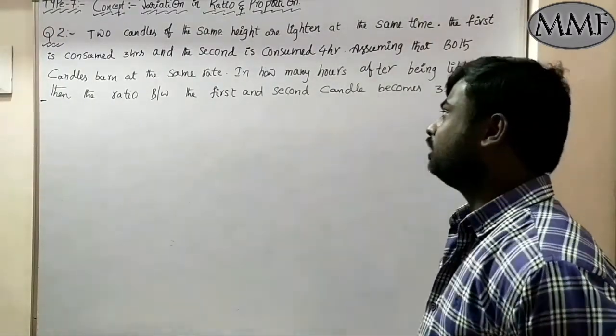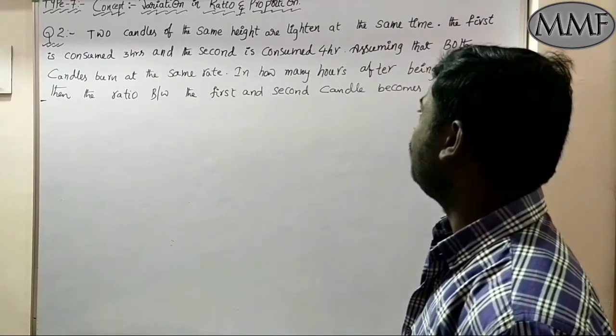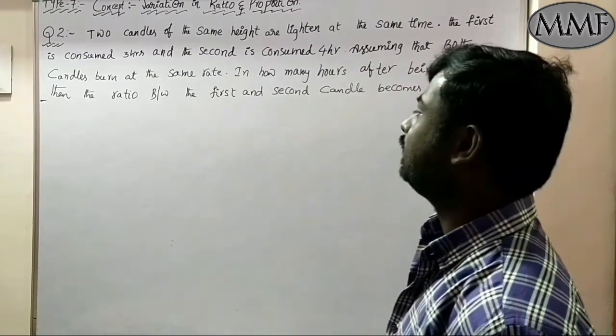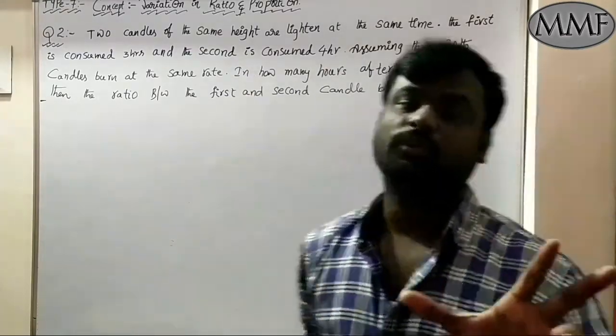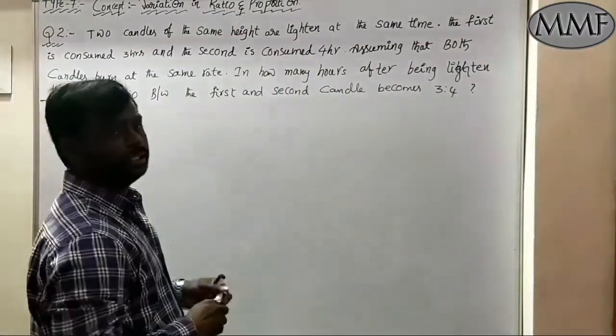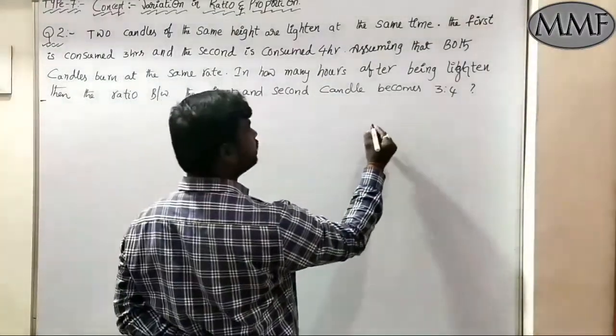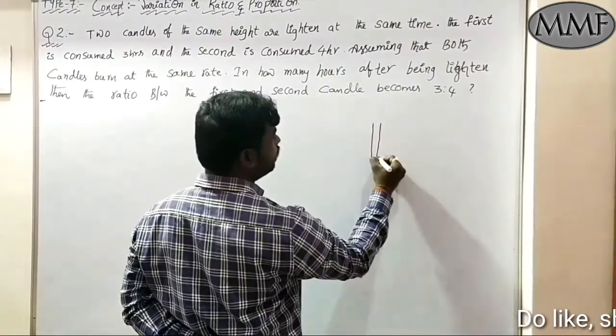Assuming that both the candles burn at the same time, after how many hours of being lit will the ratio of the first candle and second candle become 3:4? Listen carefully. First I will explain the question pictorially. See here, there are two candles.